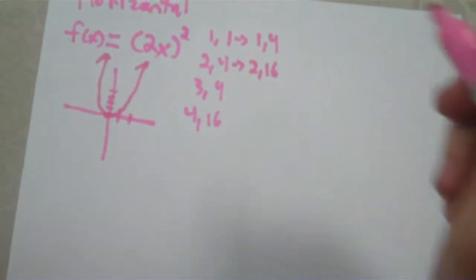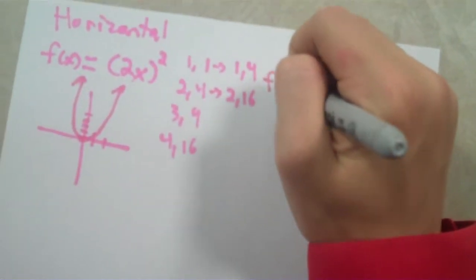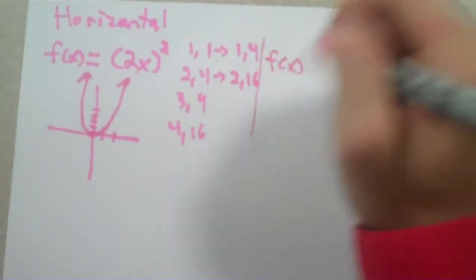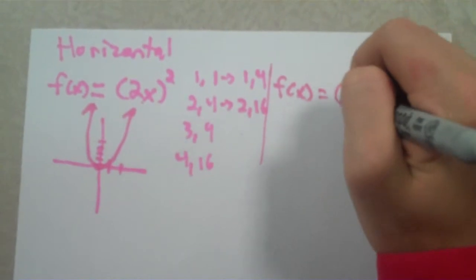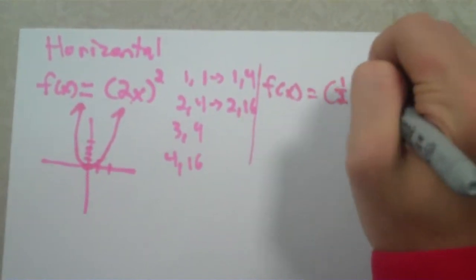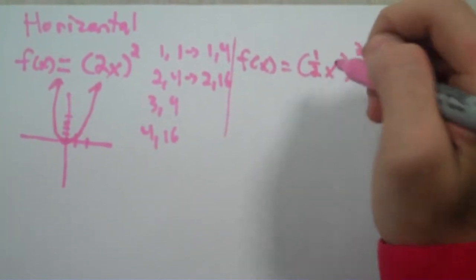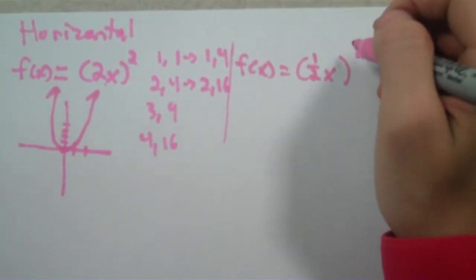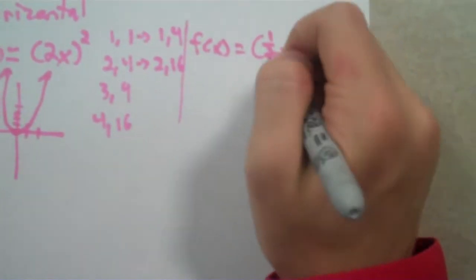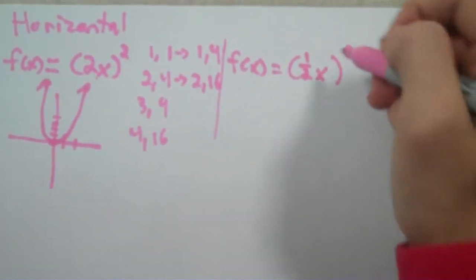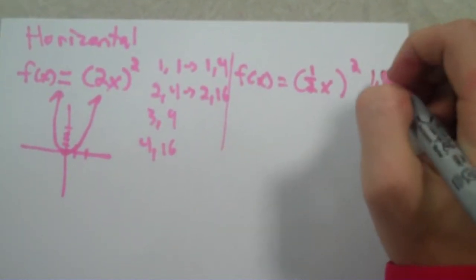While if we're going to stretch the graph, we're going to be multiplying by a factor greater than 0, but less than 1. This is essentially dividing x, since multiplying by 1/2 is the same as dividing it by 2. Now the original point (1, 1): you input 1, it becomes 1/2, and then you square 1/2, so it becomes (1, 0.25).